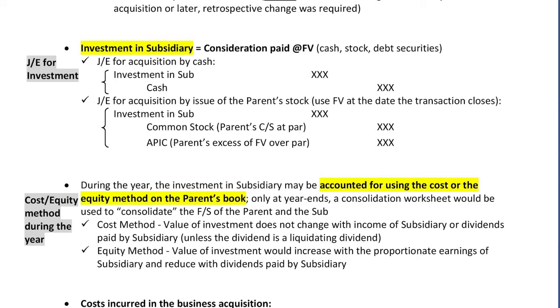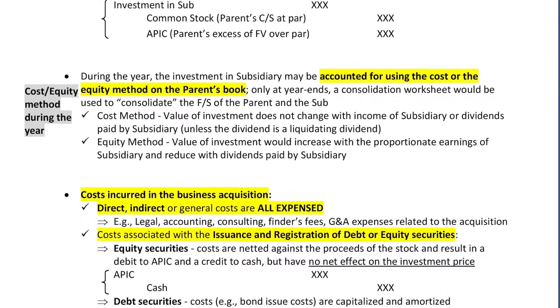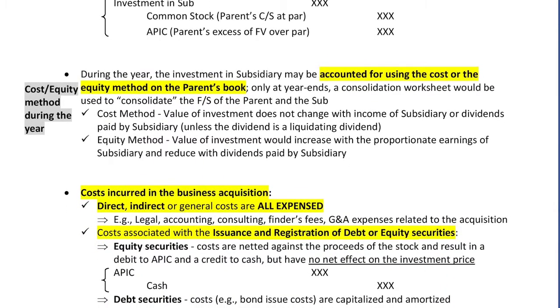Now in the next sub-bullet, let's look at costs incurred in the business acquisition. Direct, indirect or general costs are all expensed. So we're looking at legal, accounting, consulting, finder's fees, G&A. Next, costs associated with the issuance and registration of debt or equity securities, let's say sales commissions paid.